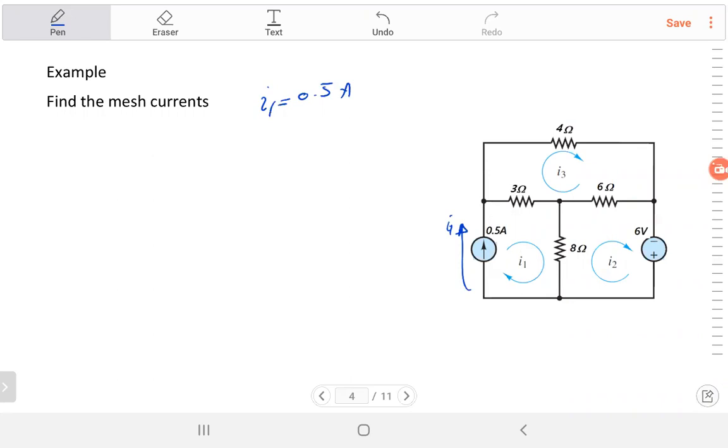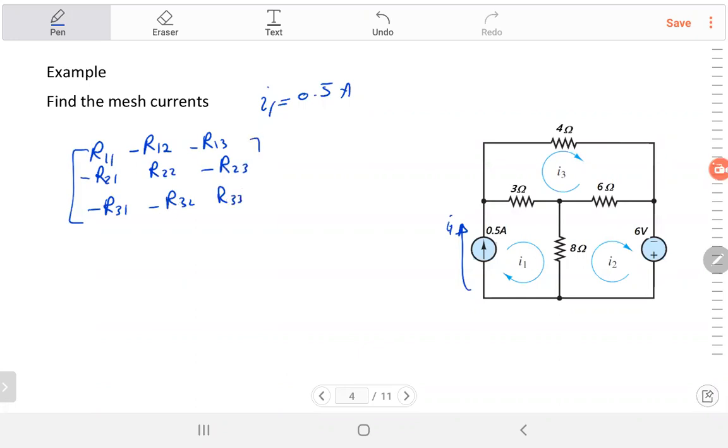I will write the equation again. When you write the equation for the 3 meshes, if you want to write the equation for the whole thing, that's what you're supposed to do.